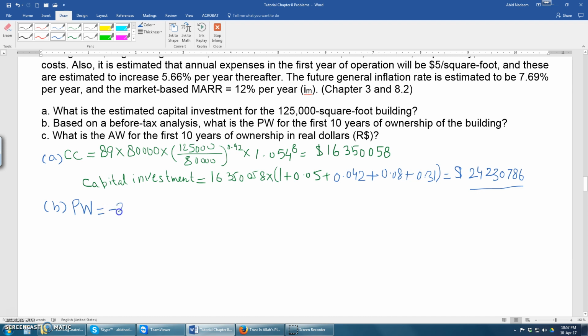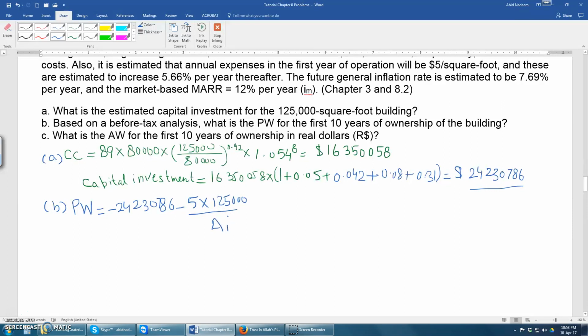So this is the cost, minus 24,230,786, and the additional annual cost is the estimated annual expenses of $5 per square foot. So $5 per square foot are the annual expenses, and the total area of the building is 125,000 square feet. So these expenses are for year 1.